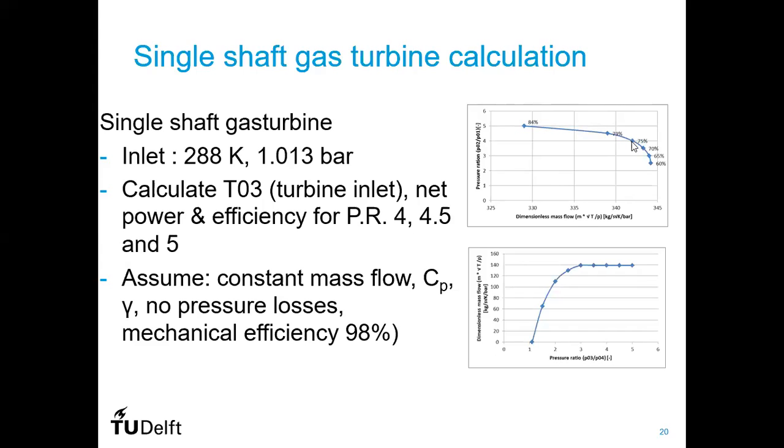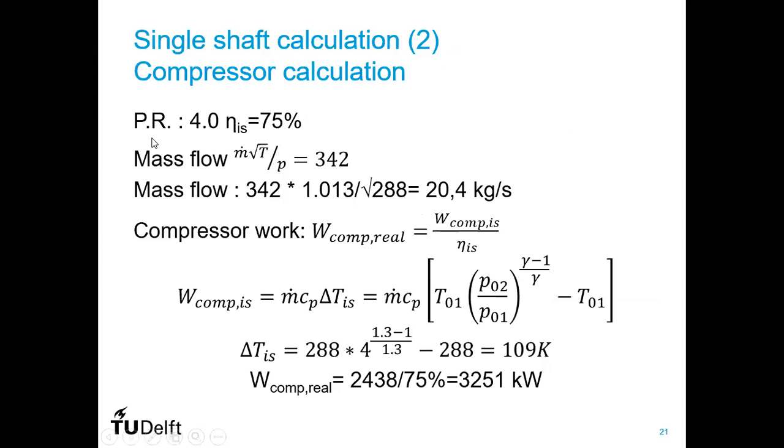You can see we enter here with an efficiency of 75% and with a reduced mass flow of 342. So that's how we read it. We start with this situation. The other calculations we just solved here, so I worked them out here, and you see there are the same results.